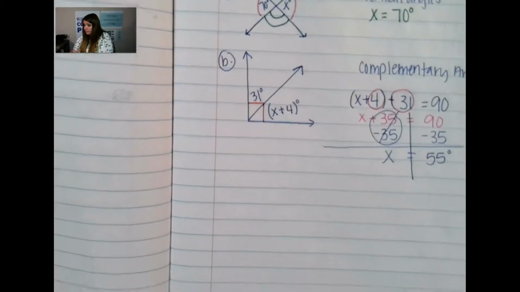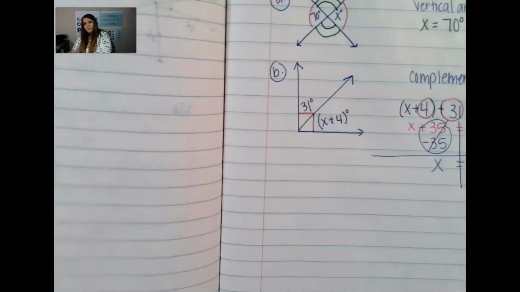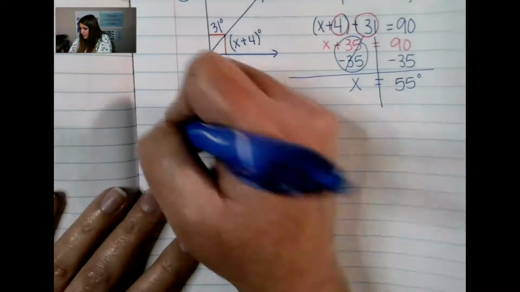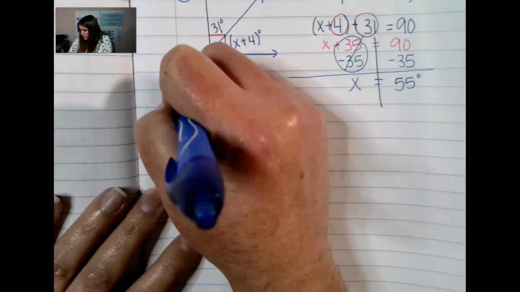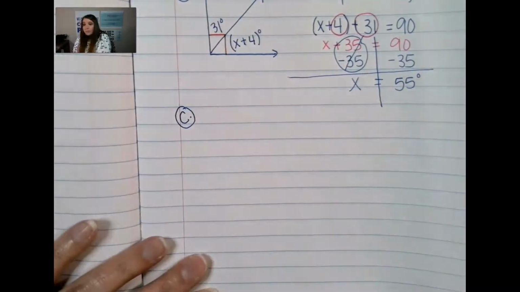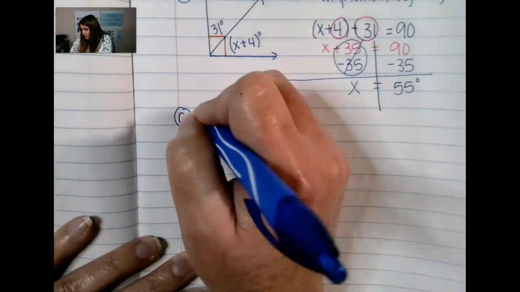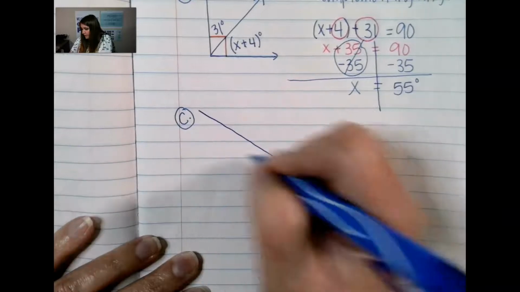Okay, ready? Let's look at another example. So let's look at example C. Okay, example C, we have a shape that looks like this.